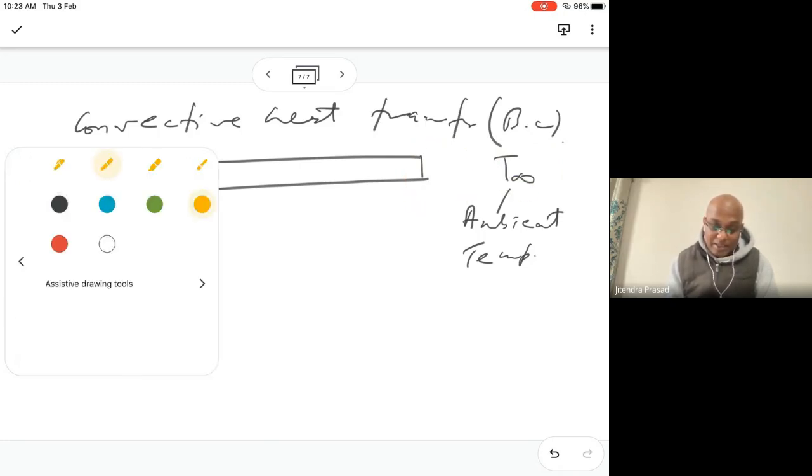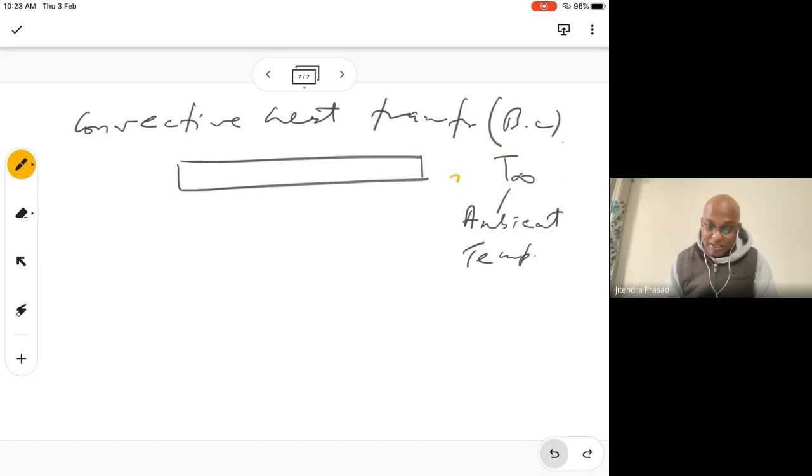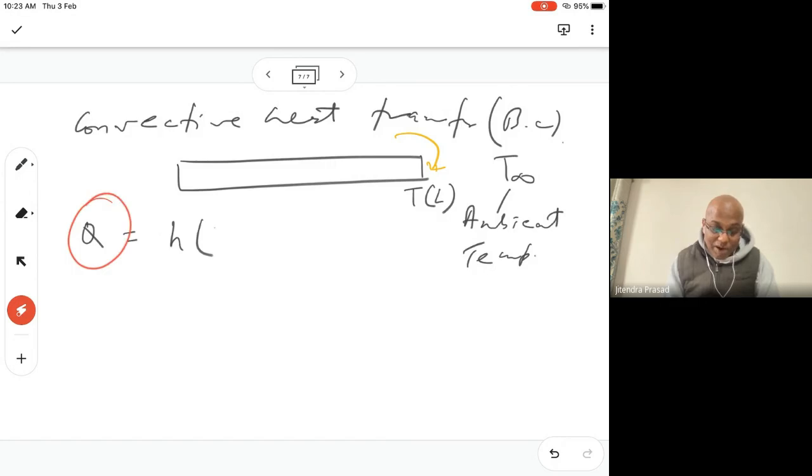If you apply convective heat transfer right at this surface, then Q is equal to H times the temperature difference at the end, where the end is at L. Q typically you write in terms of what is entering. Remember that.